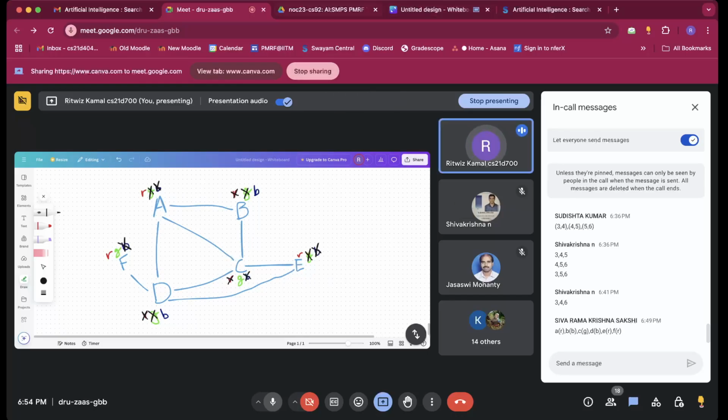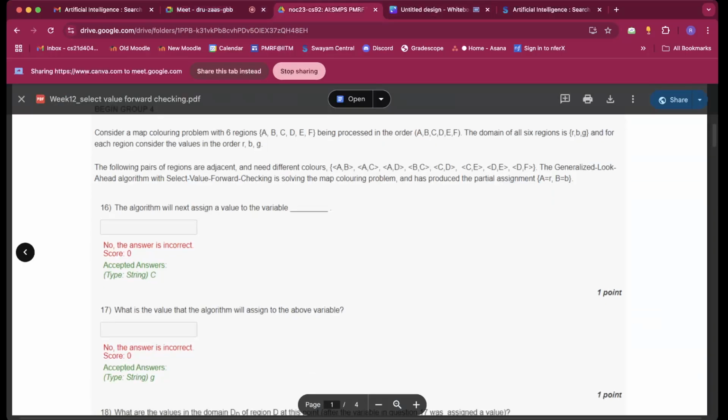Actually, let me show you a more properly put together solution.